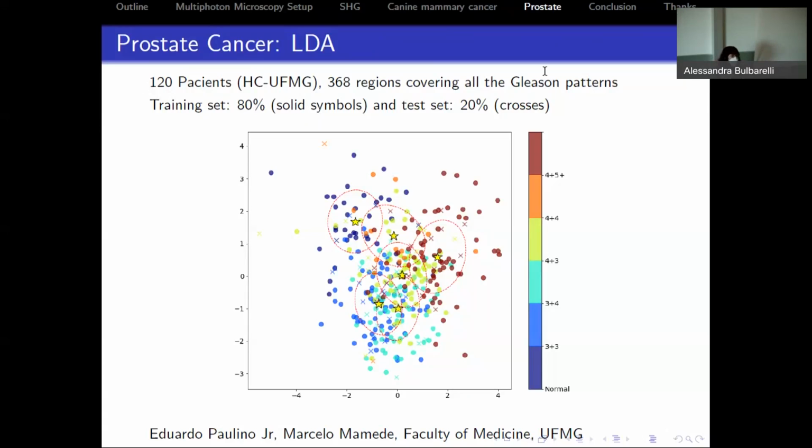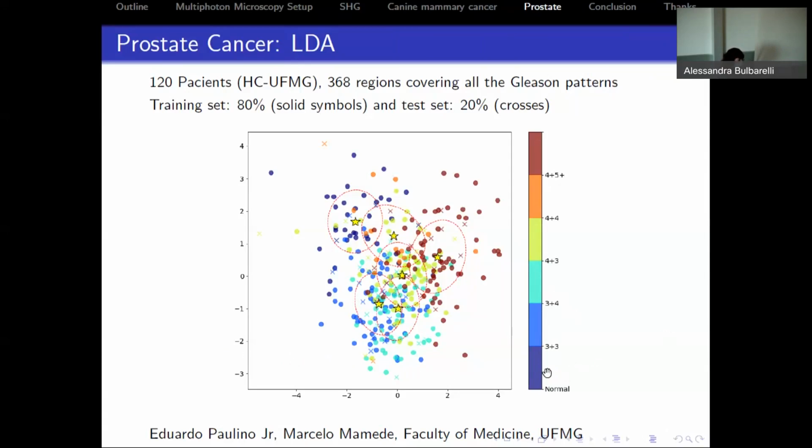And then we did the measurement, we did all the image analysis and all the parameter extractions. And after that, we analyzed them with the same linear discriminant analysis and plotted against the diagnosis given by the pathologist. And so that's what we get.